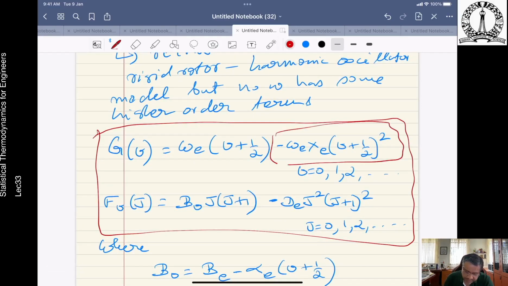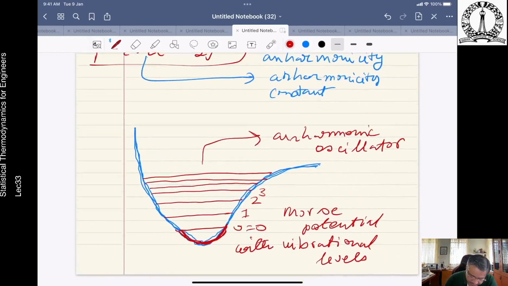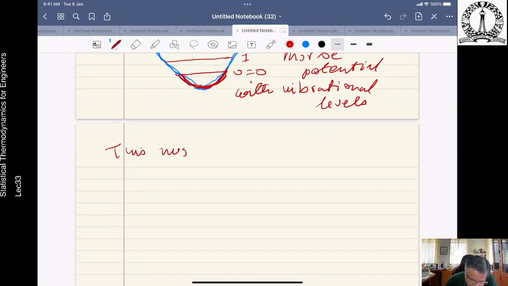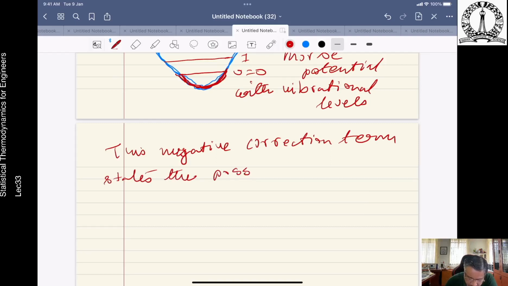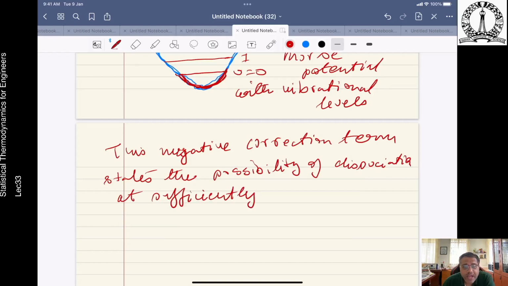This is a negative correction term, right? This negative correction term actually states the possibility, if you think about it carefully, of dissociation at sufficiently high temperature.